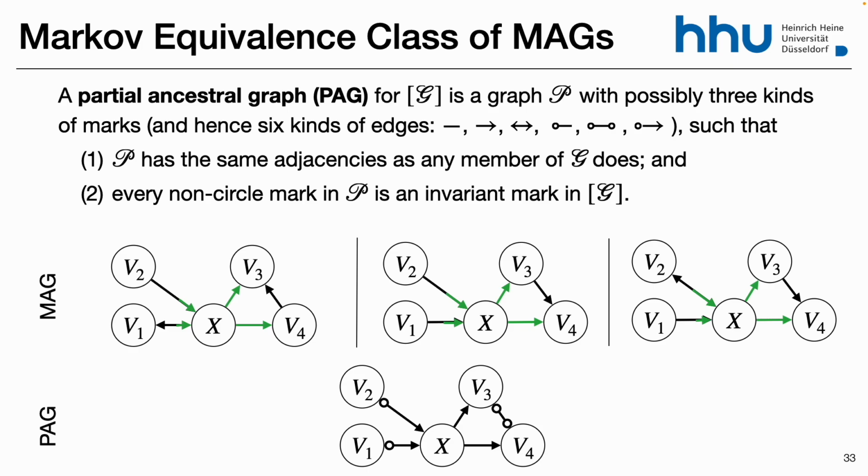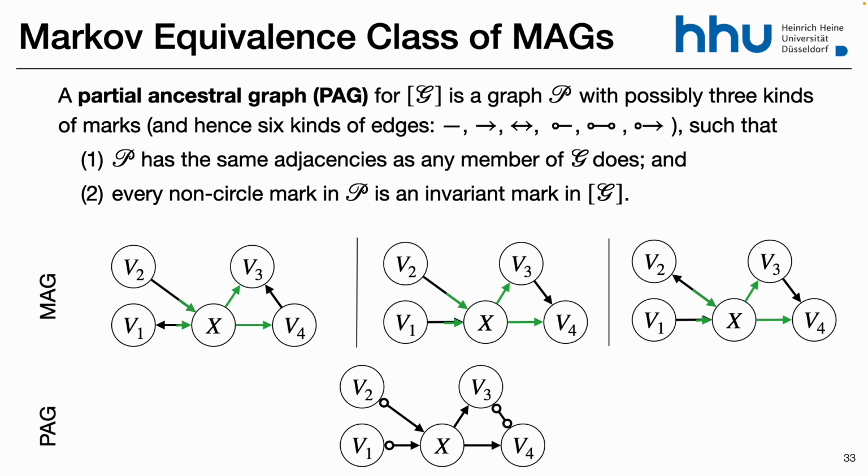Don't be scared, we are going there. Basically, this represents the same idea as the CPDAG for the Markovian models. Every time I have an arrowhead that appears in every MAG, it is an invariance. Here there is a tail and an arrowhead that appear here, here, and here. But there is this circle that could be anything.